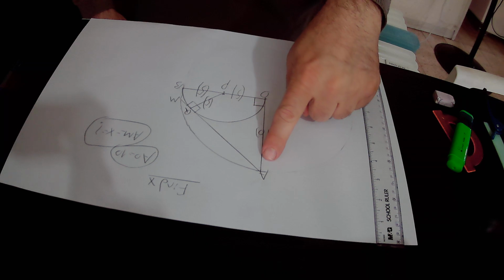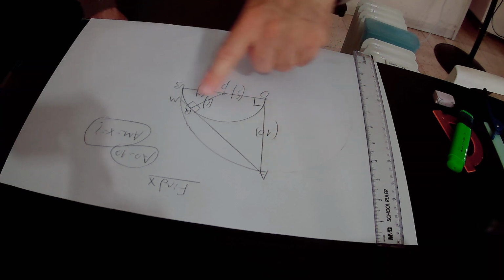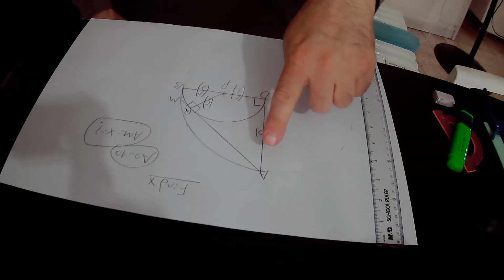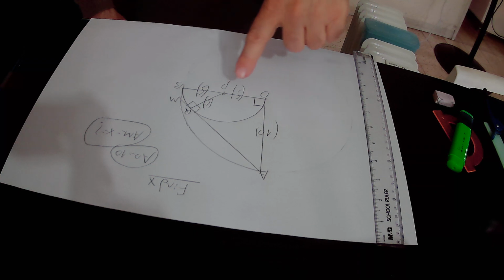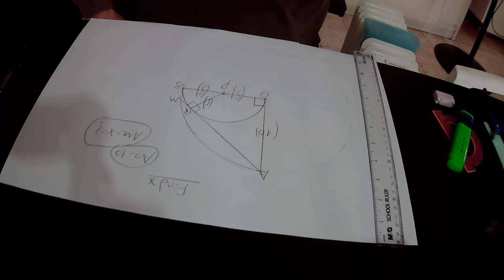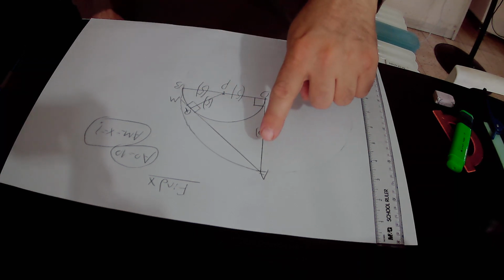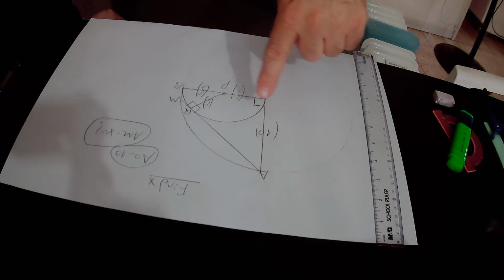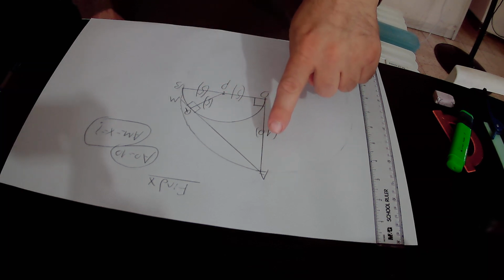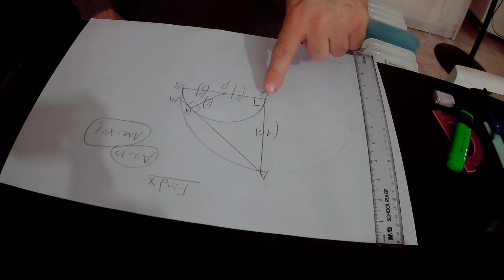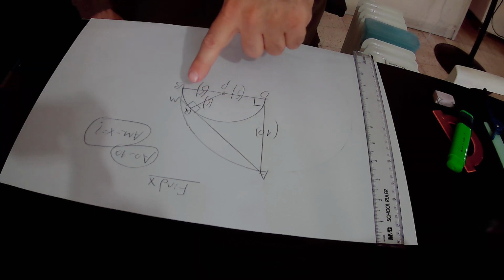Here, point A is a common external point in relation to this semicircle. Why? Because point A is not located inside or on this semicircle, but it is located outside of this semicircle. Therefore, point A is an external point in relation to this semicircle.